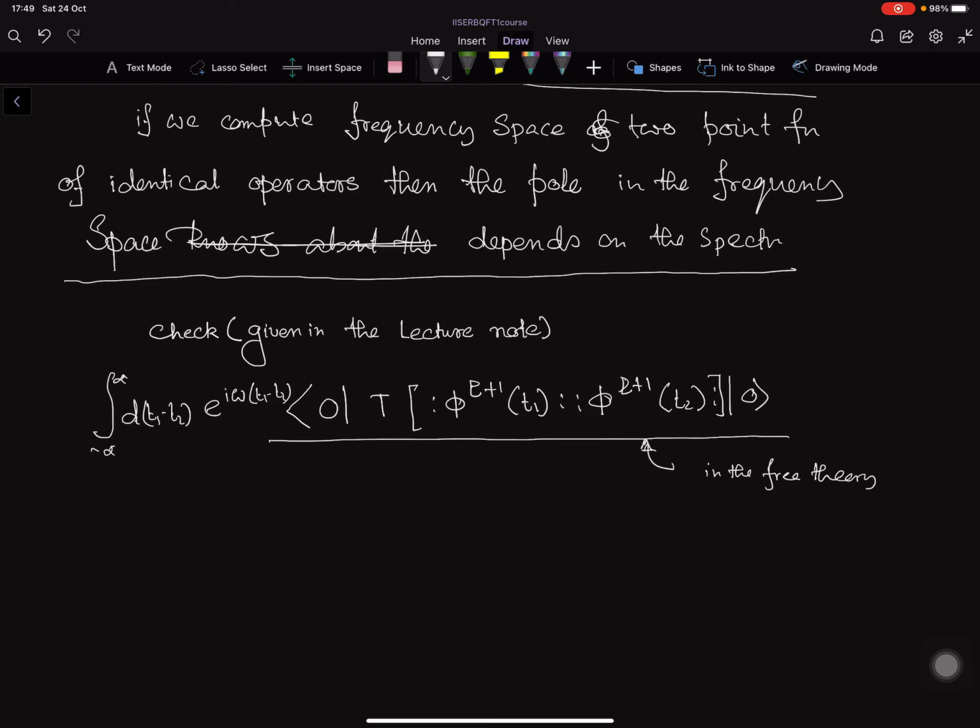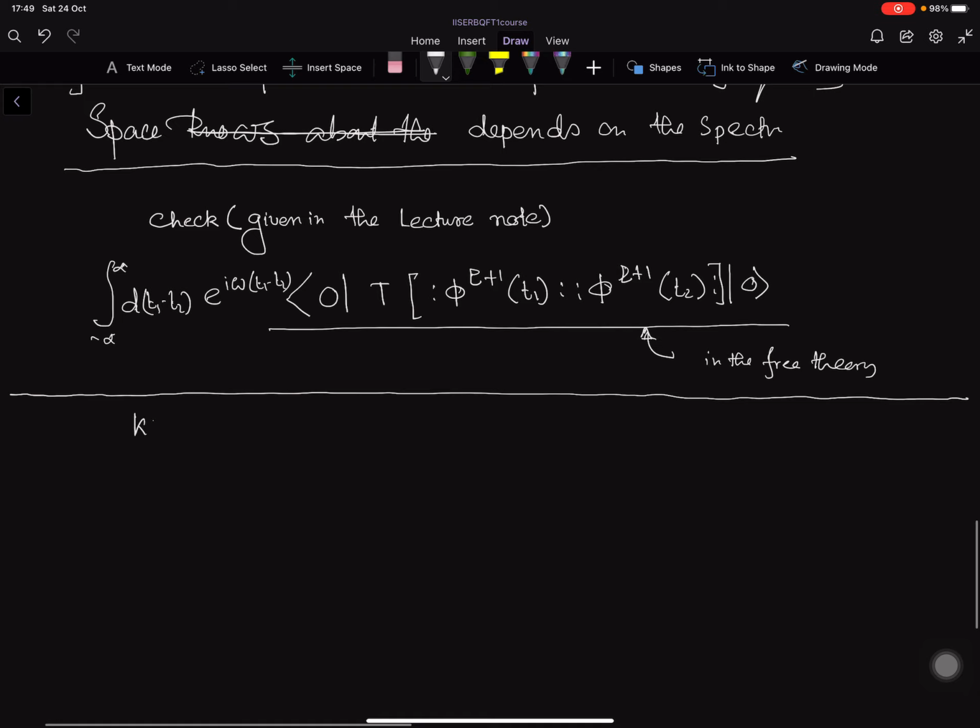But the bottom line is that the pole in the frequency space actually knows about the spectrum. If we compute a 2-point function in the frequency space, the poles will know about the spectrum. But this structure doesn't stop at the 2-point function.